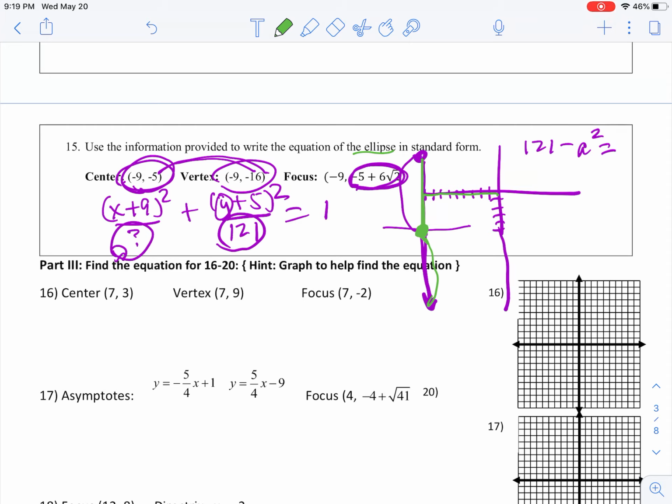The foci is from -9, -5. They only went up and down 6 root 2. So they went -5, up 6 root 2, and down 6 root 2. And so when you subtract these numbers, it tells you how far to count from your center, which was already at -5. And so it went up and down 6 root 2.